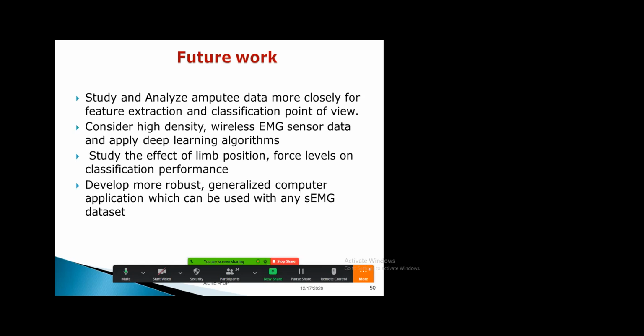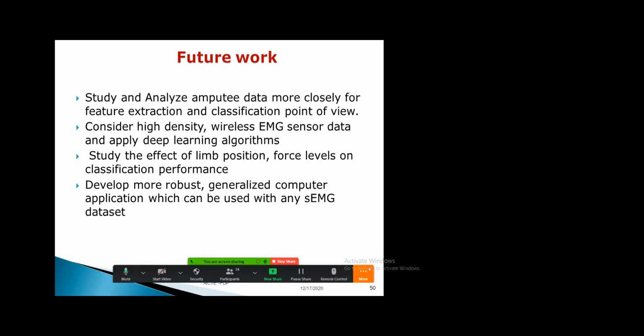Then we can study different effects of limb position and force levels on classification performance, because ultimately our aim is to improve the quality of life of that person. So it gets affected by many things. Our work is at a very preliminary stage, so implementation and development of a prosthetic limb will be a very challenging and interesting problem to take.